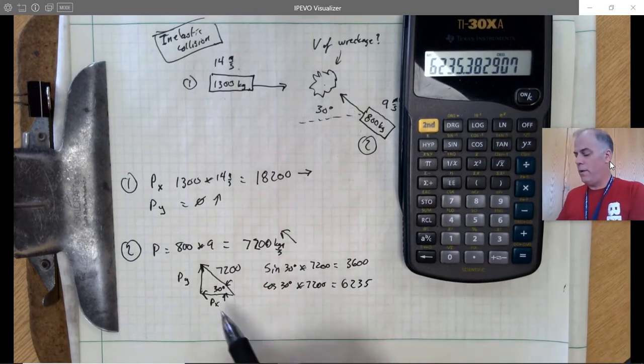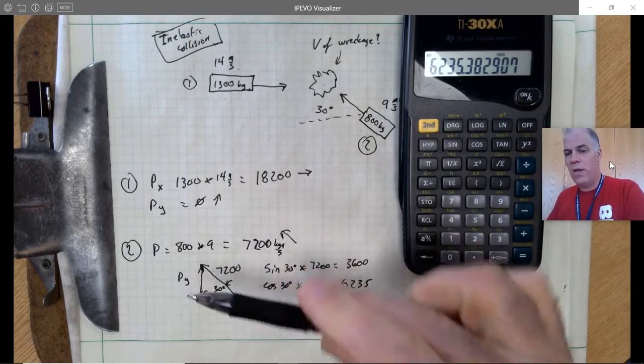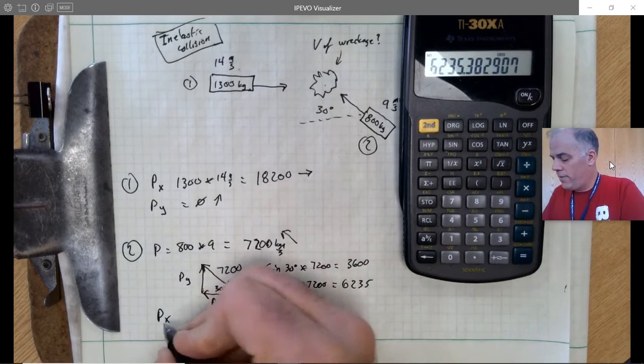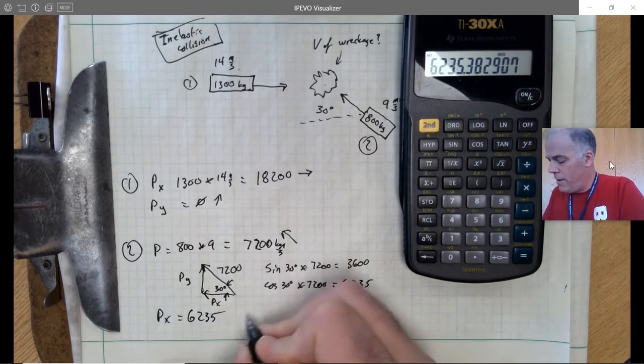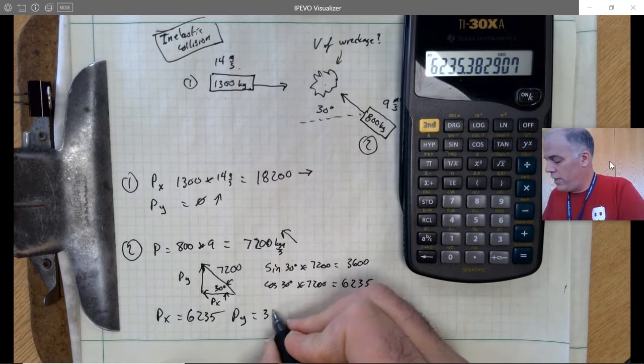Okay, now by looking at the triangle, we can tell that it's moving sideways more than it's moving up. So px is equal to 6235, and py is equal to 3,600.